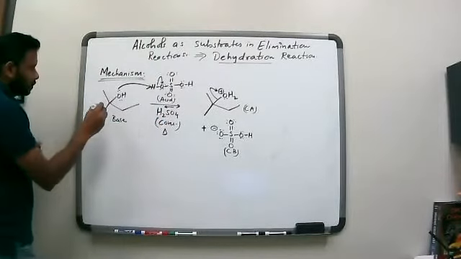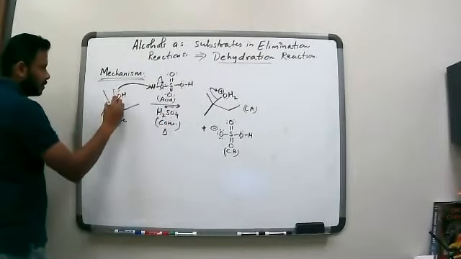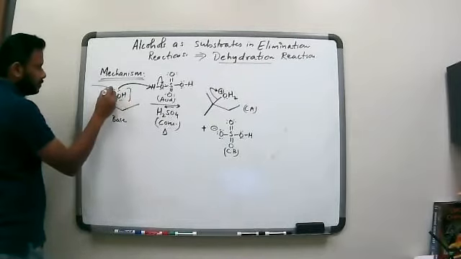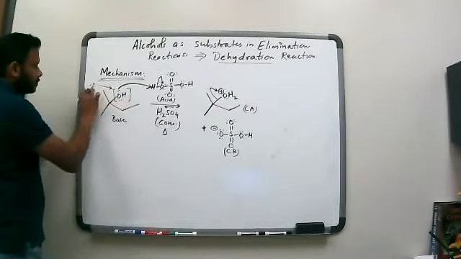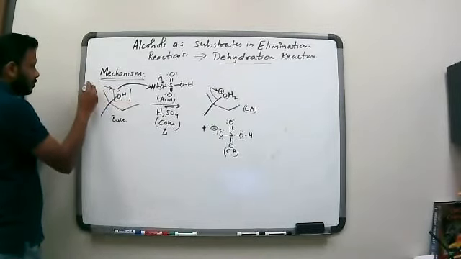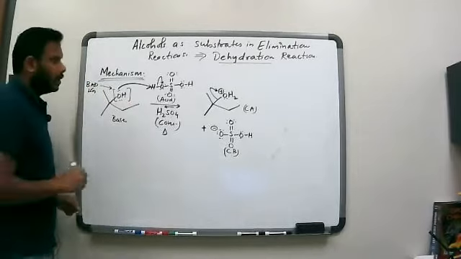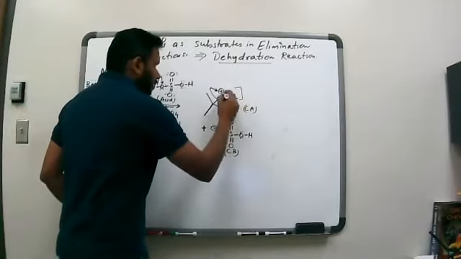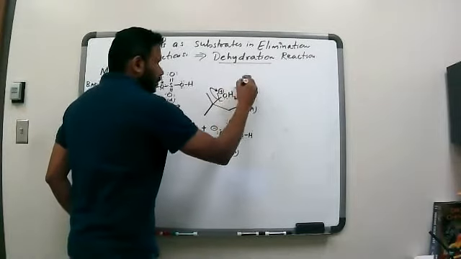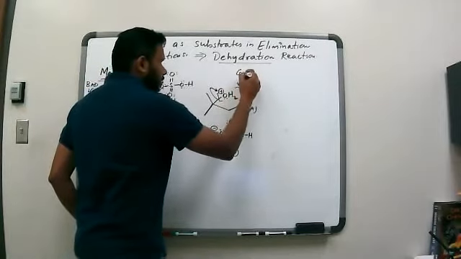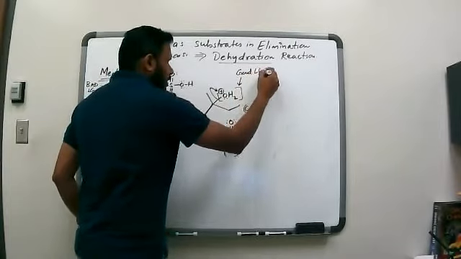So the hydroxyl here was a bad leaving group, and now we have this oxonium ion, which is a good leaving group.